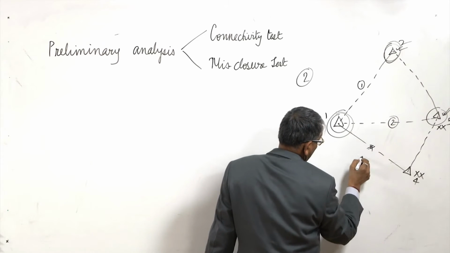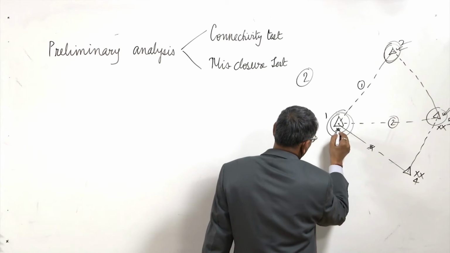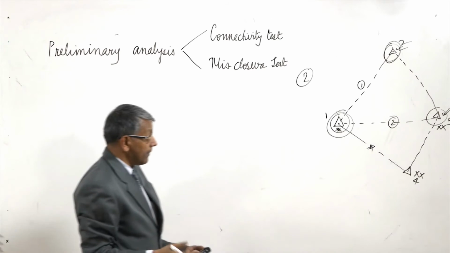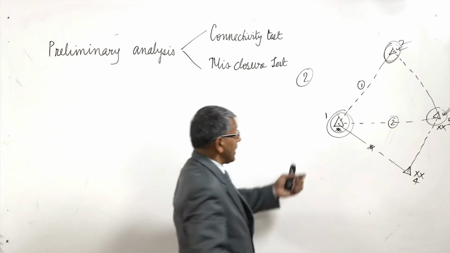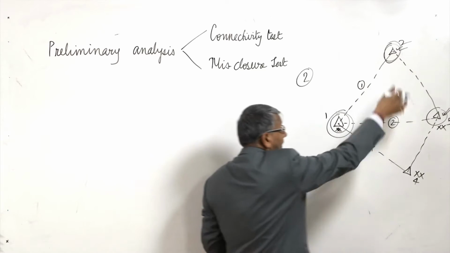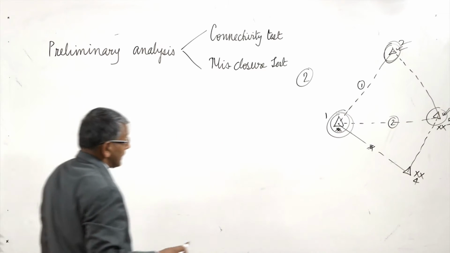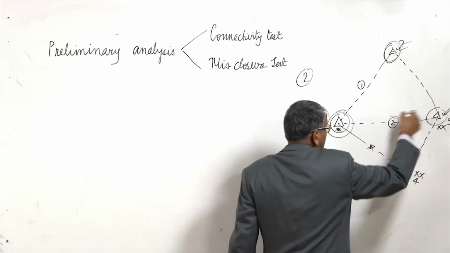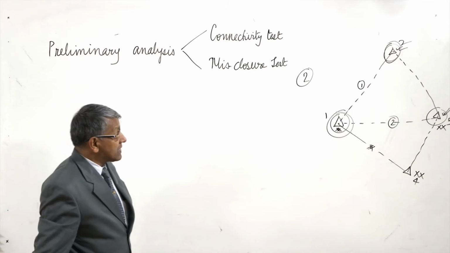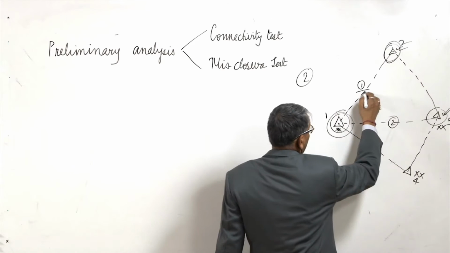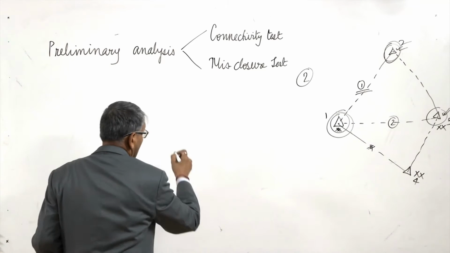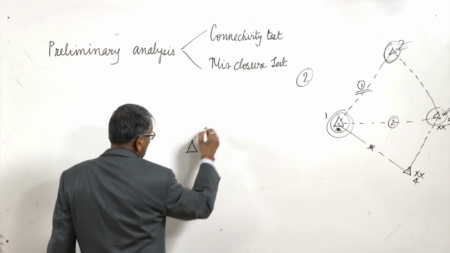So the observation from 4 and 1 will be there. So in this case we will have the overlapping observations. So now all these baselines have been observed properly.